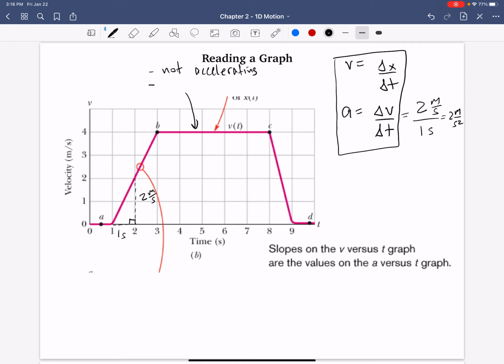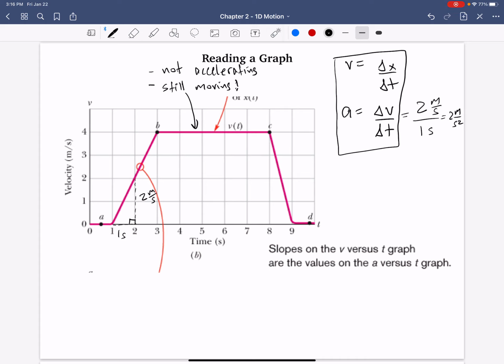However, it is still moving forward. It's still moving at some speed. That speed is 4 meters per second. Okay? So don't think that if the velocity versus time graph is horizontal, it's not moving, right? It's moving at a constant speed.